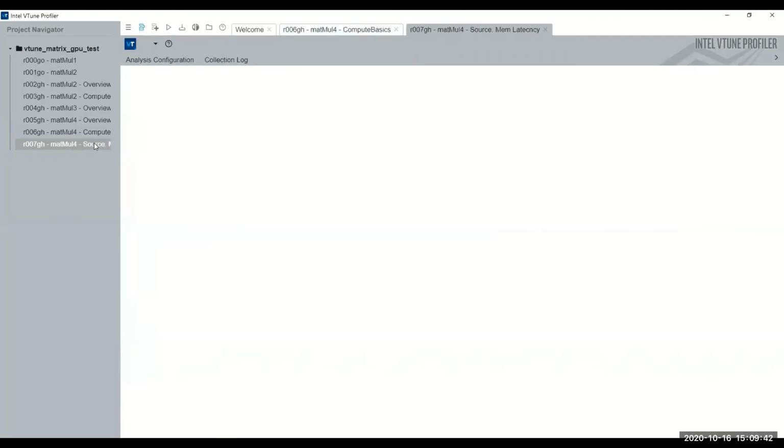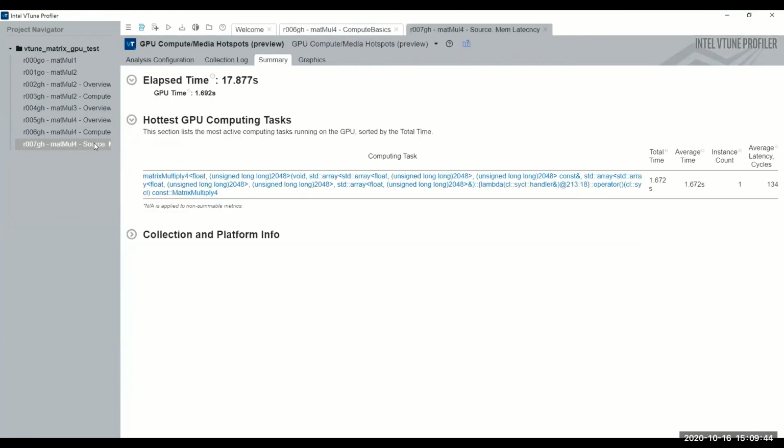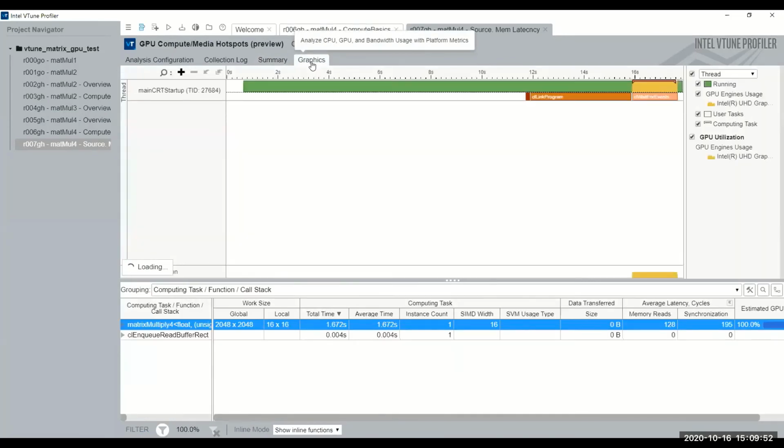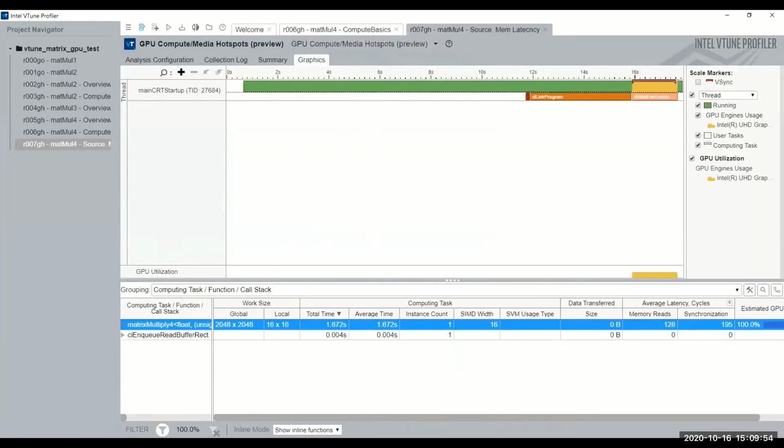When I selected this flavor of analysis or preset, if I go to the graphics tab, there is not that much that I can observe in this aggregated view, because it's just an estimation of GPU cycles per each kernel.